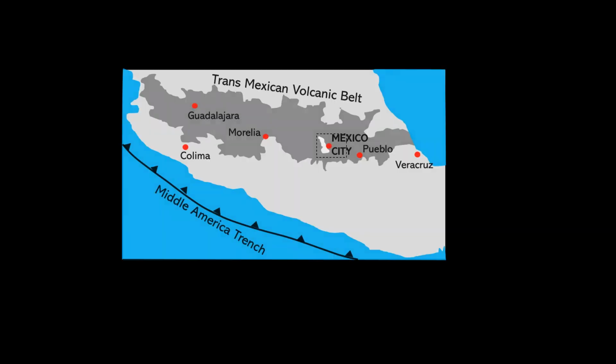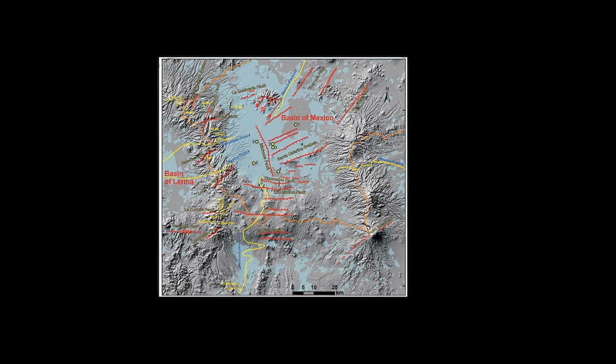This first map shows that the Central Valley is located in the southeastern part of the Trans-Mexican Volcanic Belt. The second map zooms in to show the Central Valley in more detail. The area within the dashed line is, roughly, the area covered by Velasco's painting. The two volcanic peaks of Popocatépetl and Iztaccíhuatl in the lower right-hand corner are the two snowy peaks in the distance in the painting.